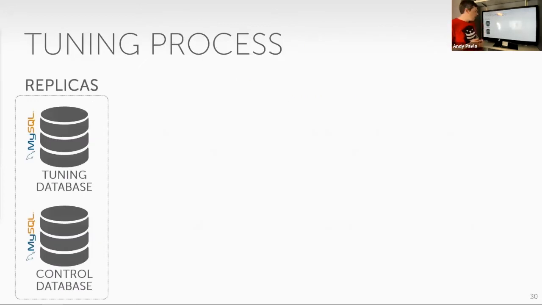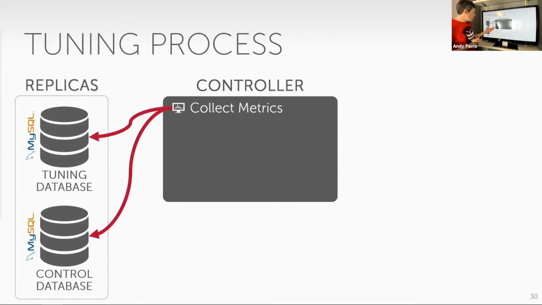Right, so the setup was, as I said, it's a read replica pool. Our controller collects the metrics from both of them, from both the tuning database and the control database. Because we don't have a standard workload that we can replay over and over again and know whether we make a change from one replay to the next, whether things got better, it's a continuous stream of queries showing up. We needed a control machine to say, yes, things are getting better relative to that.